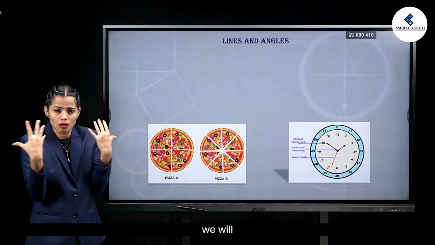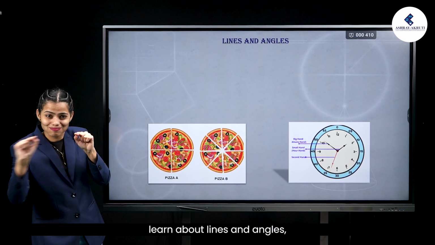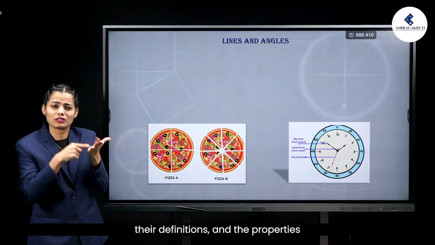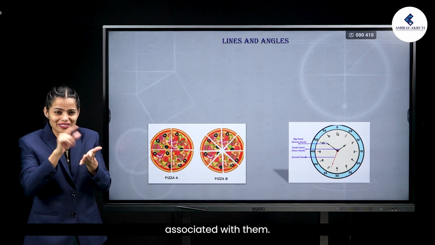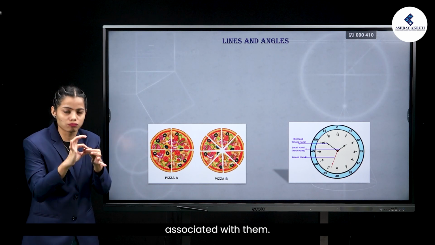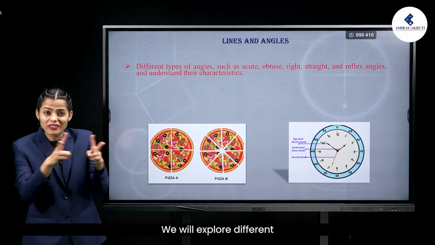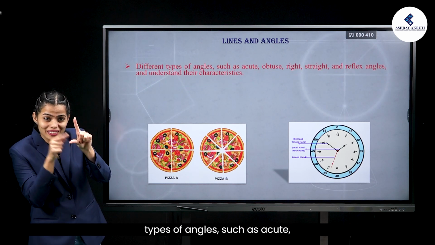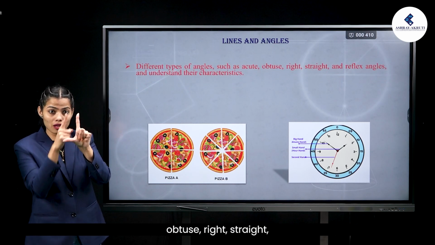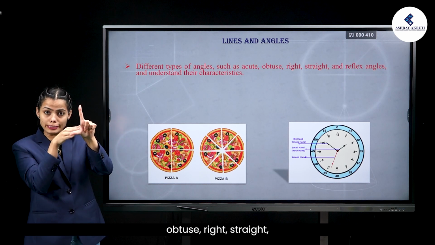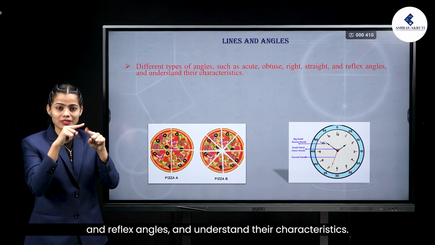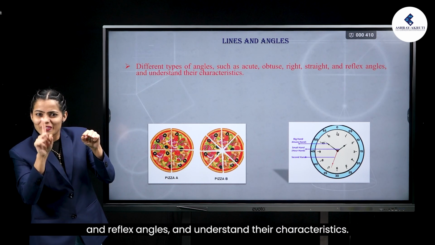In this lesson, we will learn about lines and angles, their definitions and the properties associated with them. We will explore different types of angles such as acute, obtuse, right, straight, and reflex angles and understand their characteristics.